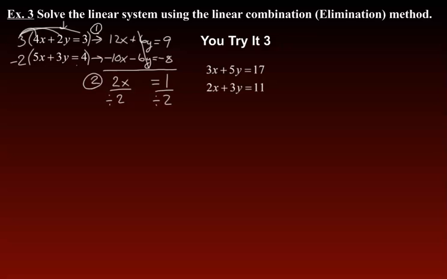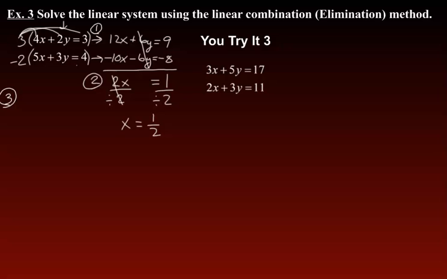So we divide both sides by 2, that way the 2's cancel. I get x equals 1/2. And so step 2 is done. Remember, step 3 is where we plug this back into one of the two equations. This one I'm specifically choosing over the other.